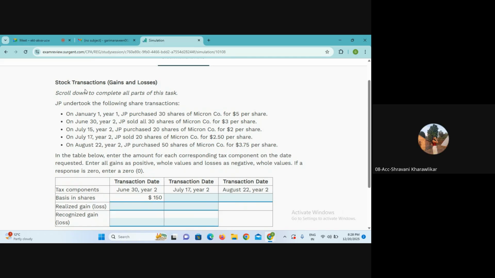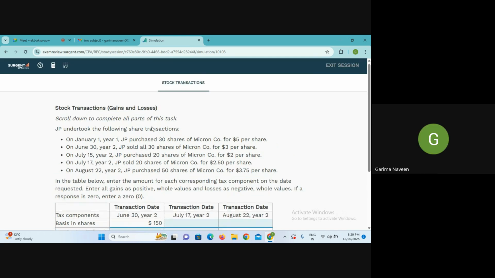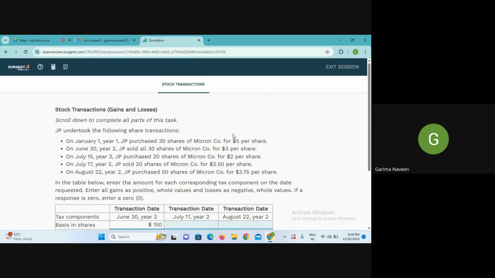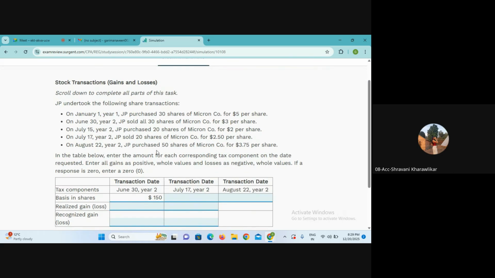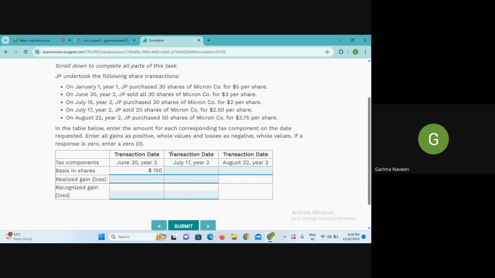For the basis of the shares, ma'am, will it be 30 into 3? Okay, so you are saying 30 into 3, or is the first one only correct? We will take the first as basis, then the second we will use for realized profit and loss. Okay, so that means you have a realized loss of $60.